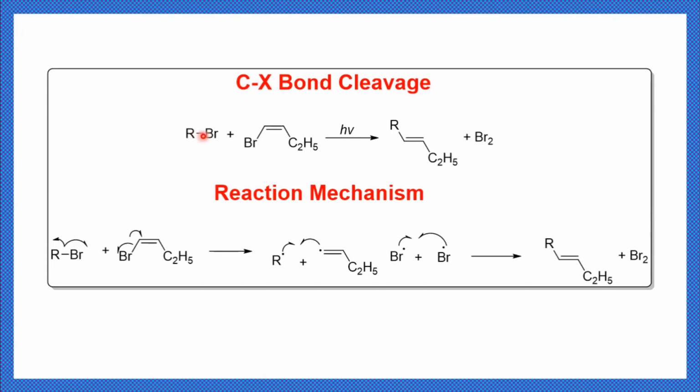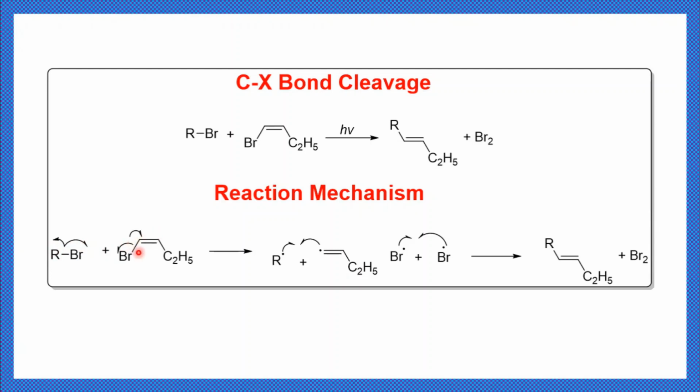So this alkyl bromide reacts with your vinyl bromide in the presence of hν, and you will get this trans product and a Br2 molecule. The reaction mechanism is very simple. This alkyl bromide undergoes homolysis. It generates an R radical and a bromine radical.